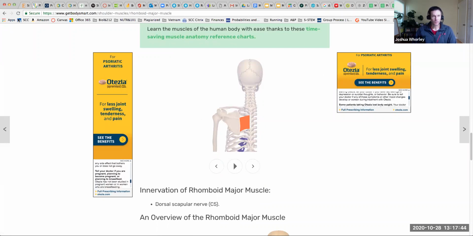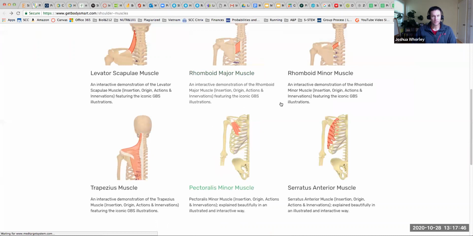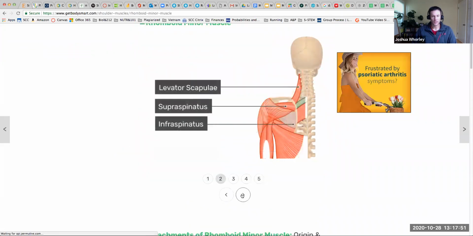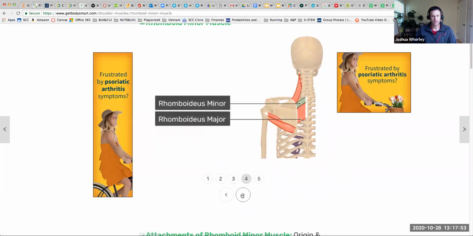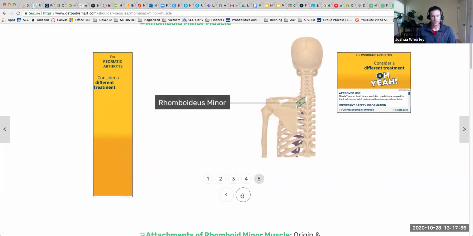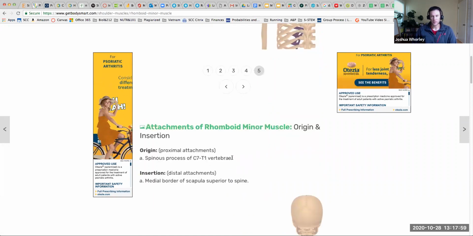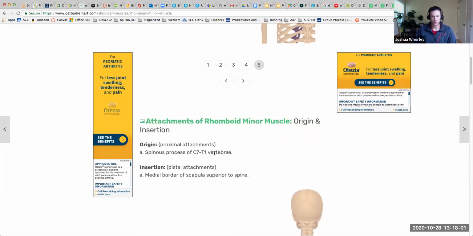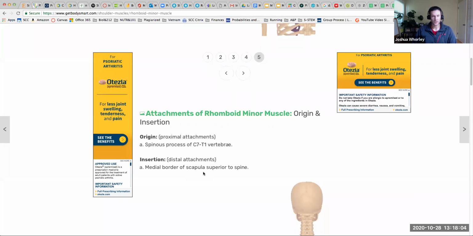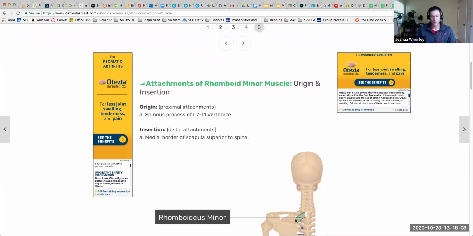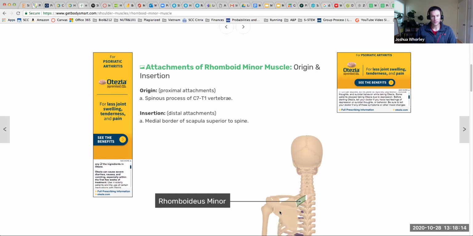Then we have the minor being just above. There's our minor just above, and it has just a smaller origin and insertion. So the spinous processes of that terminal C7 vertebra and T1, that's the origin, the insertion on the medial border. But this is superior to the spine, so kind of like our levator scapulae inserting on this medial border superior to the spine.